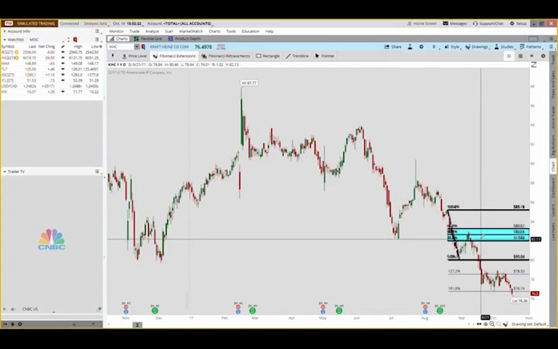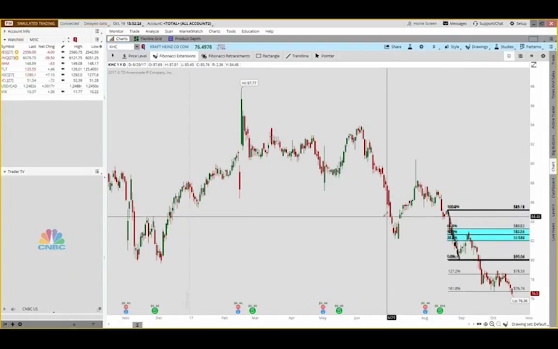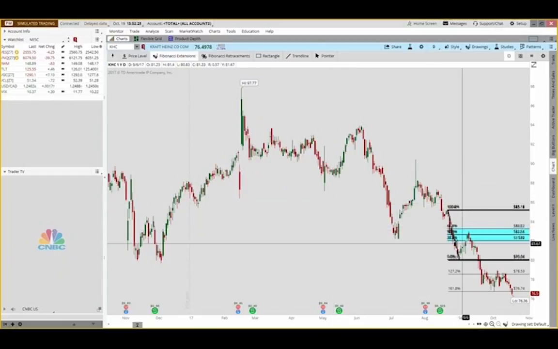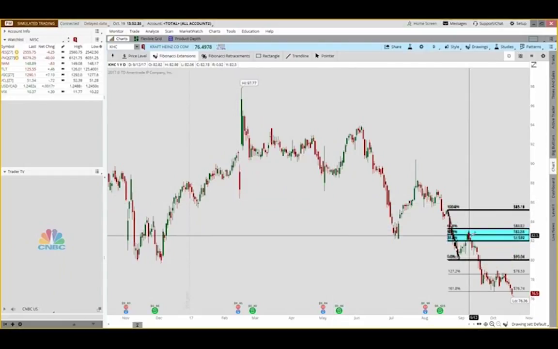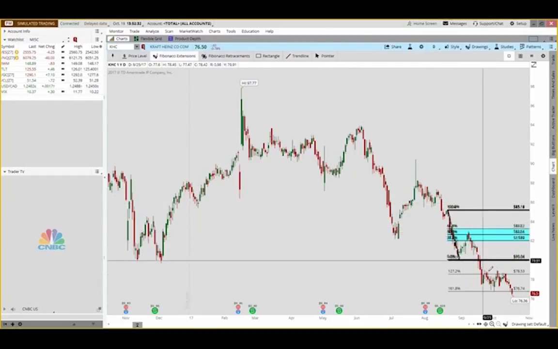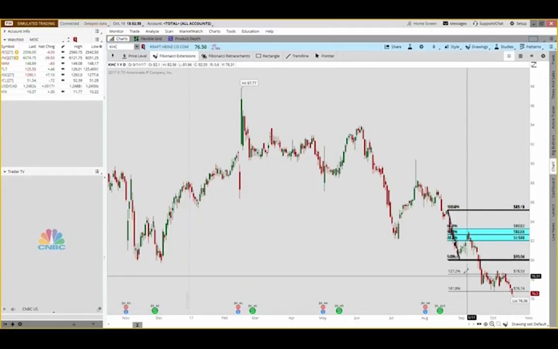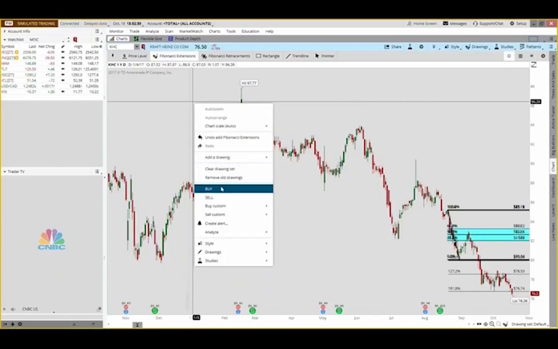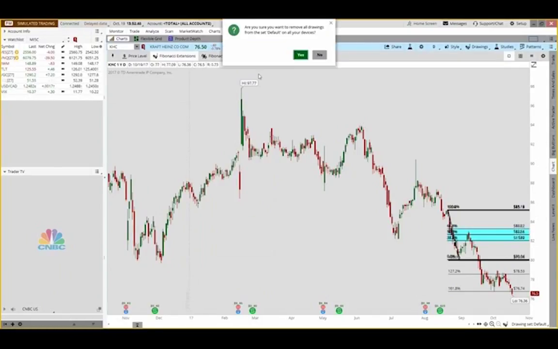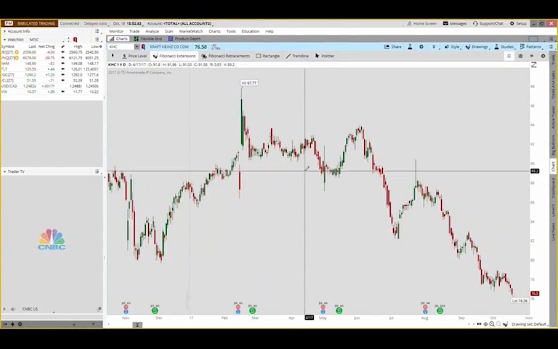These tools really help you if you're not quite sure where those levels of support and resistance are. They do a real good job identifying for you the current support along with the future areas of support and resistance. Okay, so these three main things are just about everything you need to trade successfully. You need to be able to read price and what's happening.